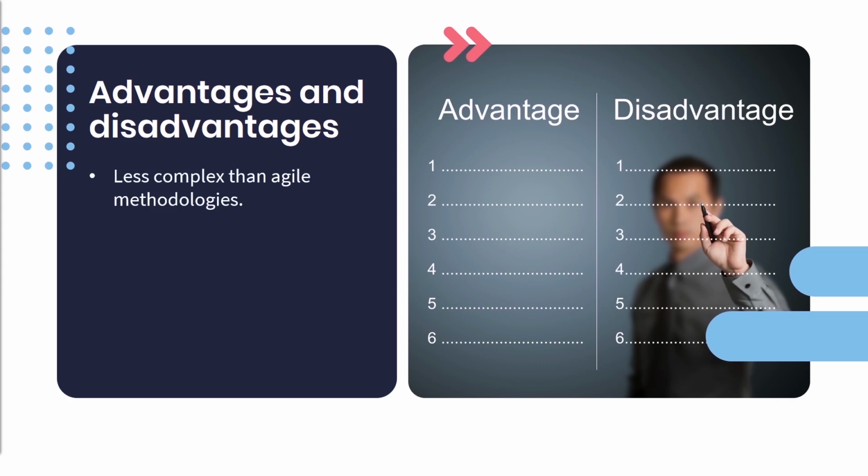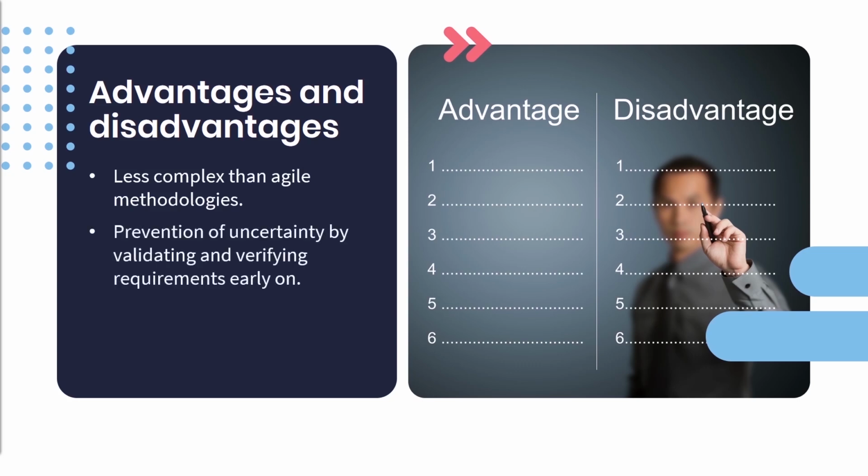And this is extremely important to note, because if your client is 100% certain that they are not going to change anything, or that they don't have new expectations in the application later on, or the piece of software, or even the system, then it becomes a lot easier to actually develop the system, knowing what it is that you have in mind. Now, the second point is the prevention of uncertainty by validating and verifying requirements early on.